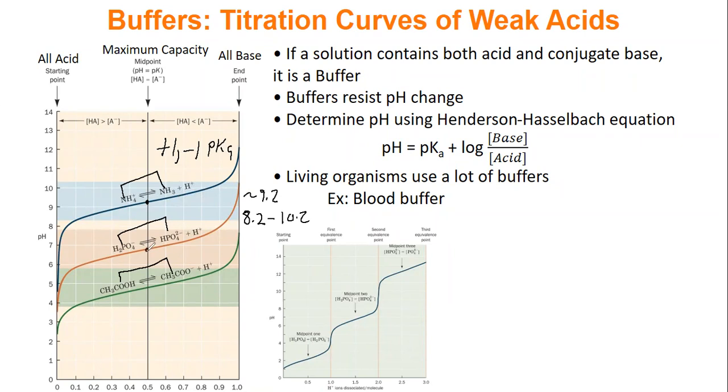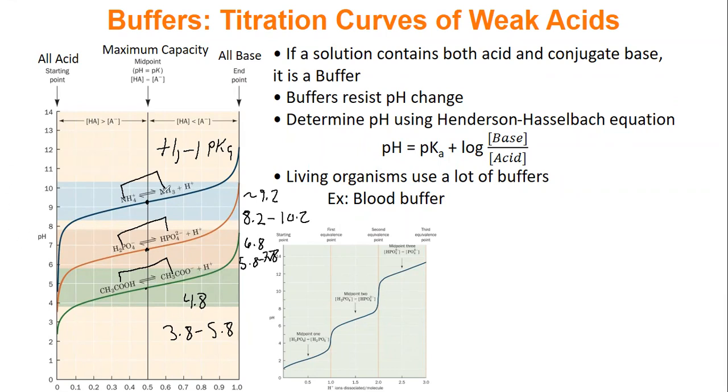Phosphoric acid has a pKa of about 6.8, so it's a good buffer between 5.8 and 7.8. Acetic acid is roughly 4.8, so that's a good buffer between 3.8 and 5.8. For each buffer, you're usually within plus or minus 1 of your pKa value.